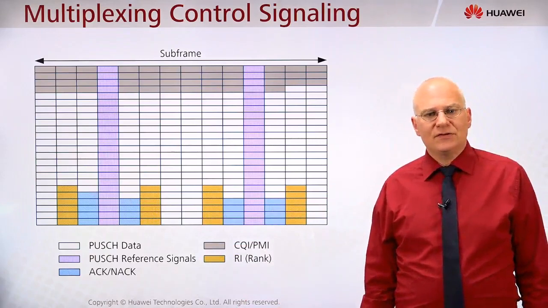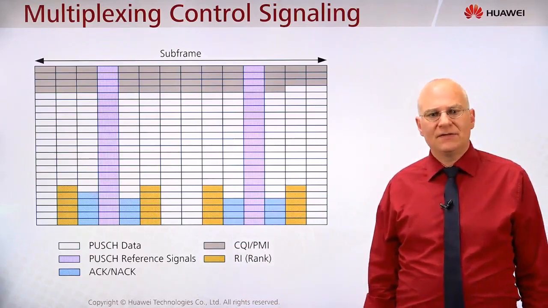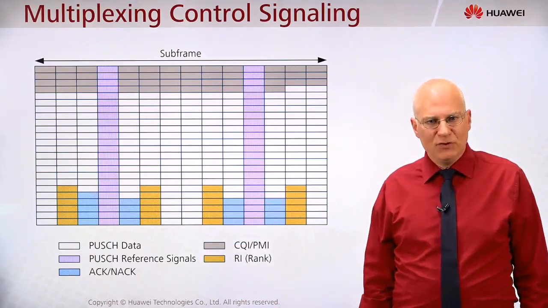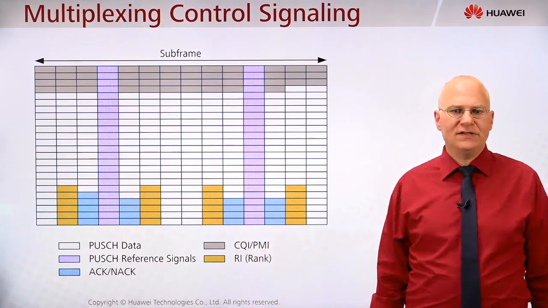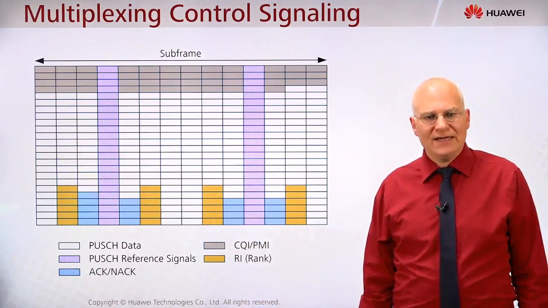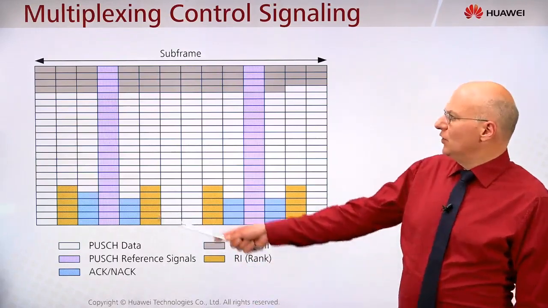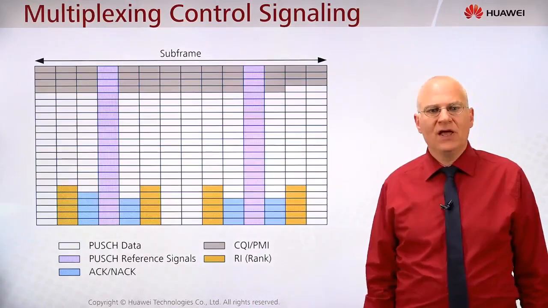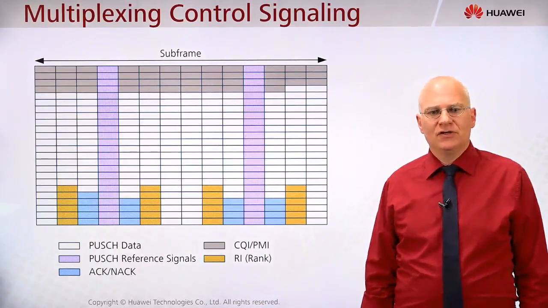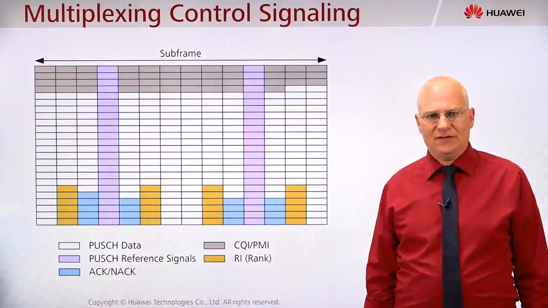These resource elements have the best demodulation performance. Then farther away from the reference signals are sent the rank indicators. And on top, at the lower frequencies, are sent the channel quality indicators.